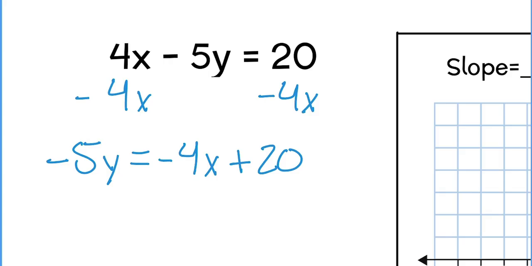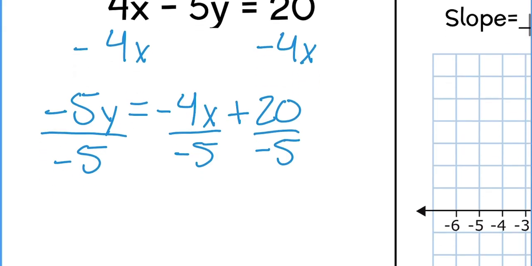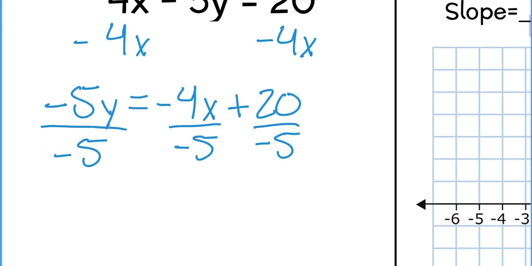What's my next step? We're going to divide the negative 5 from both sides. So I have y equals, what's a negative divided by a negative?